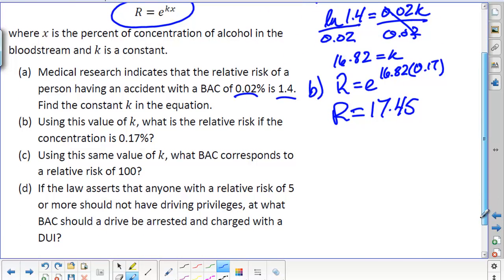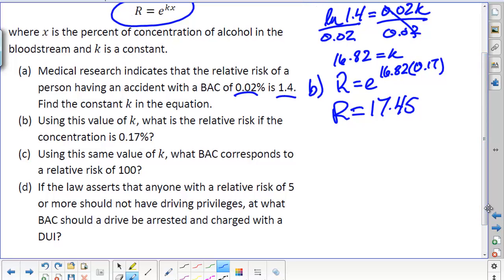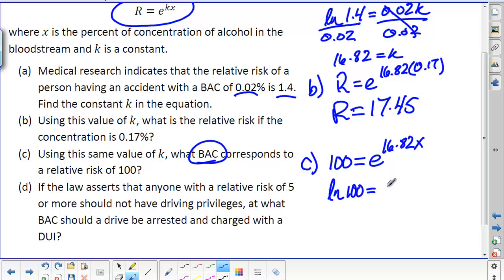Okay, using the same value of k, what BAC corresponds to a relative risk of 100? So now we're saying, all right, R is going to be 100. And we're trying to find the blood alcohol concentration, right? So e to the k is 16.82x. We're solving for x now, the blood alcohol concentration. Well, again, that looks just like a problem we just worked. We could say natural log of 100 equals 16.82x. Just rewrite it as a logarithm.